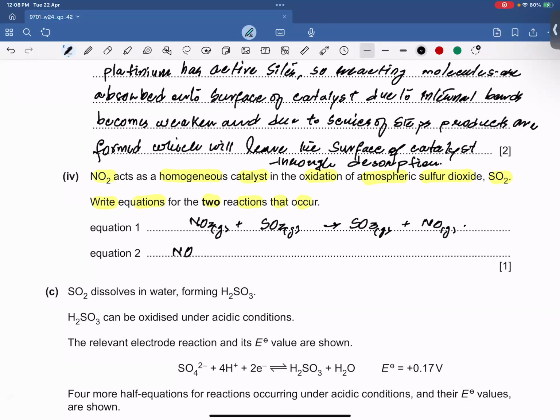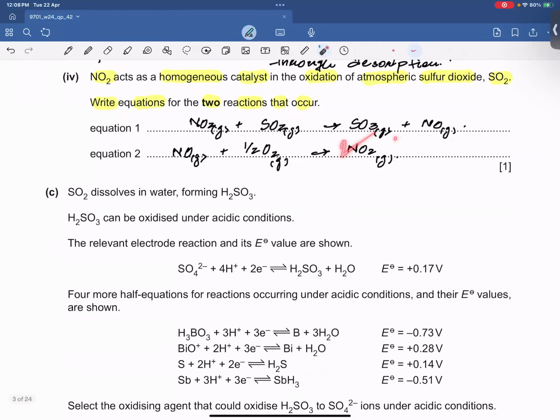Now, nitrogen monoxide in the atmosphere is again oxidized with the atmospheric oxygen, converting it to nitrogen dioxide. So the reaction started with gaseous nitrogen dioxide and got back gaseous nitrogen dioxide, so it acts as a homogeneous catalyst. All right, and that's what we have done in the class also.